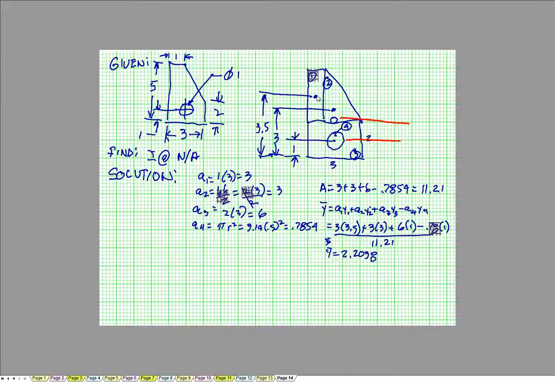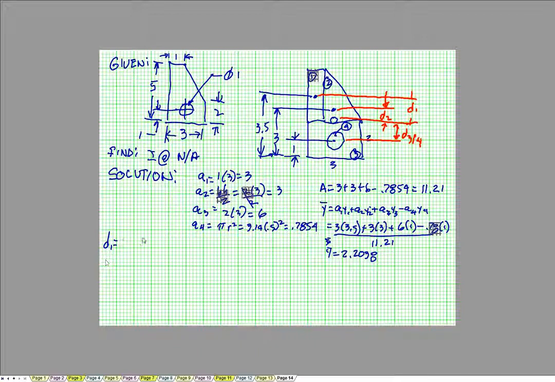So let's see, my distance 1, distance 2, distance 3 and 4. Calculating my distances.